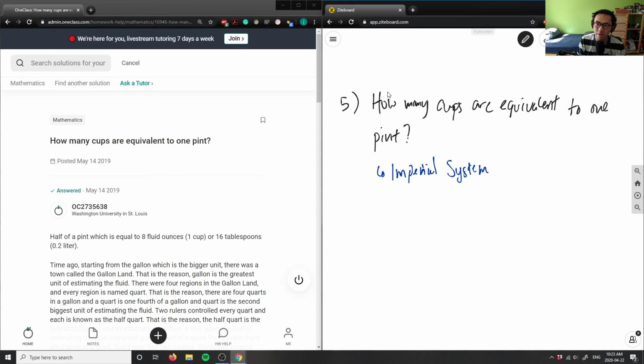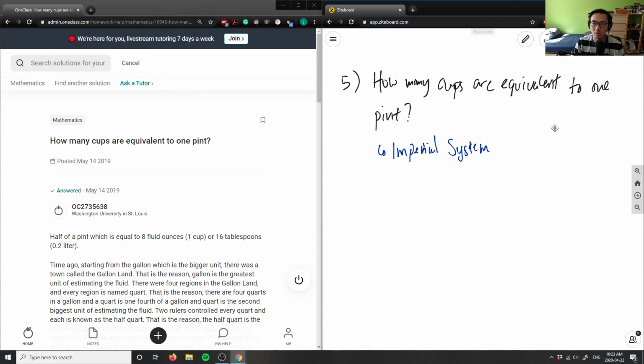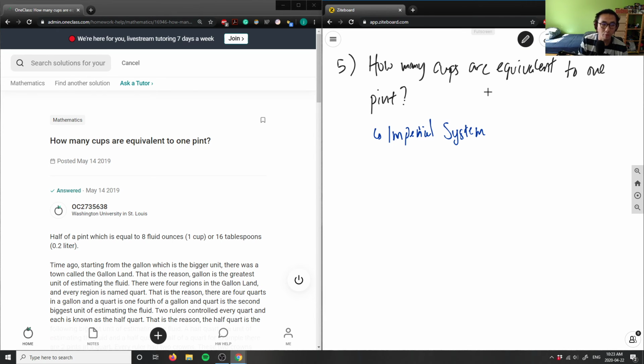And what we can do is draw out a schematic. Remember our scales here for the imperial system. We have 1 cup, which equals 8 fluid ounces.